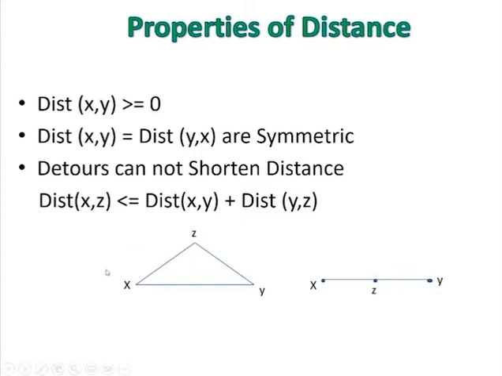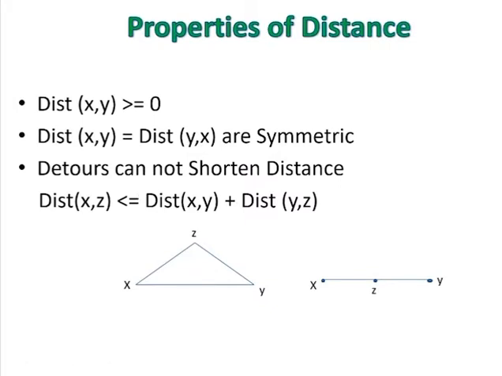When you take a look at what I have here, the distance xz, if I'm talking about the distance here, it's going to be less than or equal to the distance between this guy plus the distance between that guy. So we just wanted to take note of this.